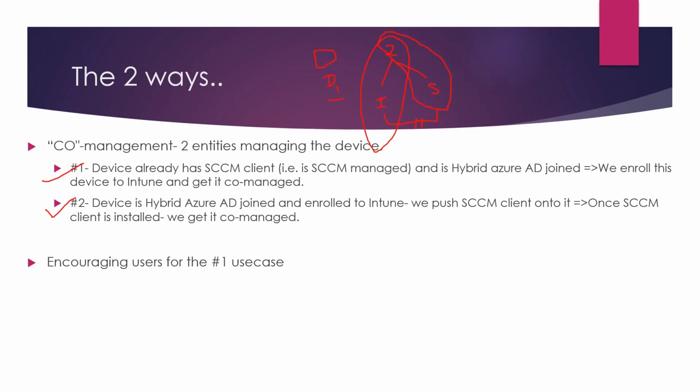Exactly, if the user wants to do it, he might as well do it. But given that SCCM existed before Intune, more often than not, we are going to come up with the use case wherein SCCM is already in the picture and now we are incorporating Intune into the device, not the other way around, which obviously is not the recommendation.